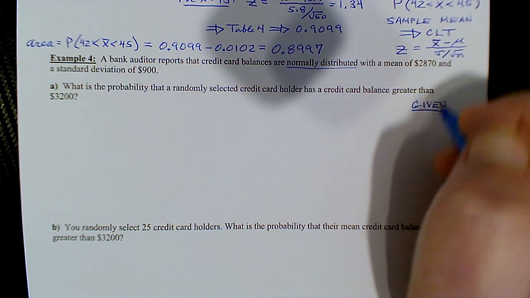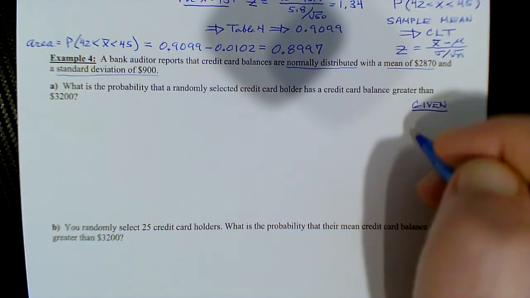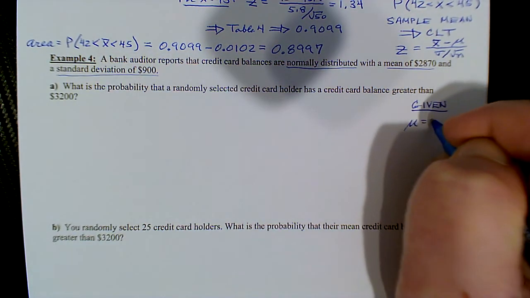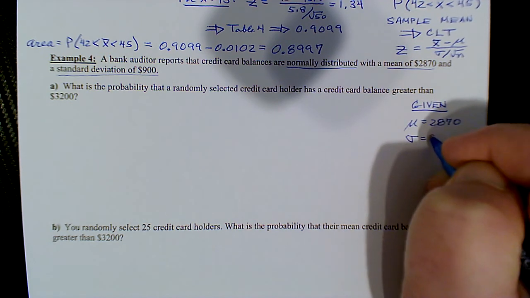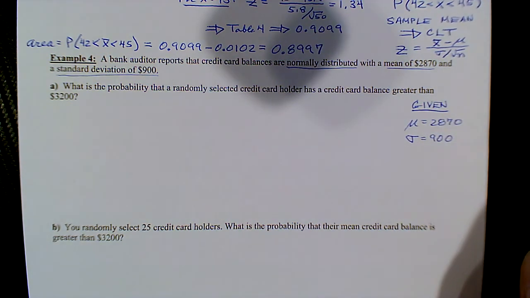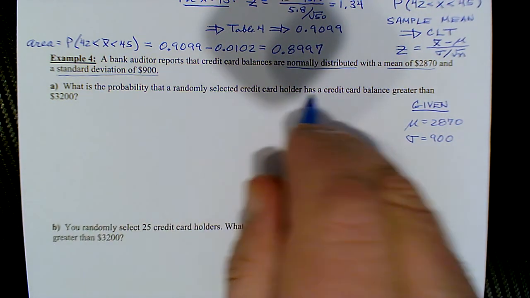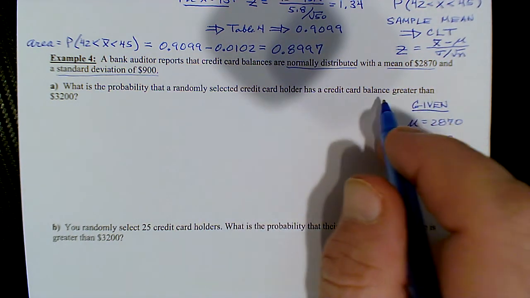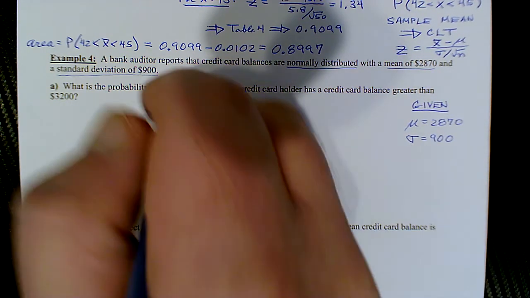The mean is 2870 and standard deviation 900. So mu 2870, standard deviation sigma 900. And what is the probability that a randomly selected credit card holder has a credit card balance greater than 3,200?